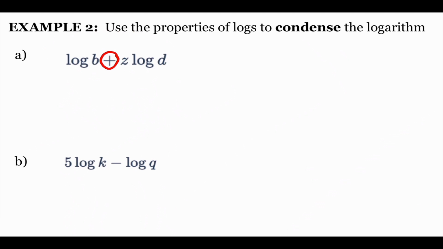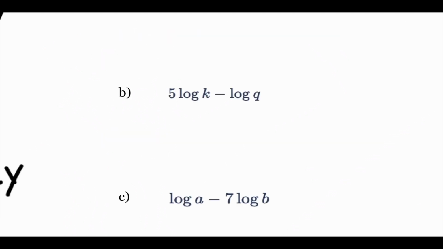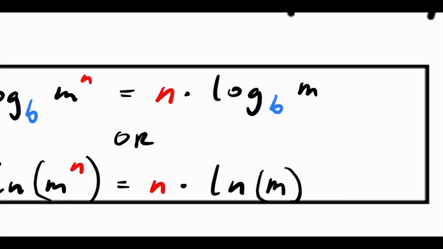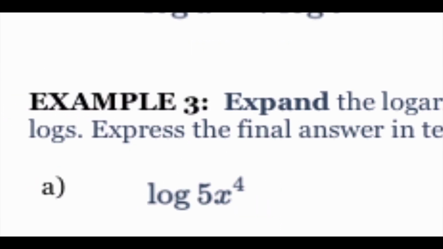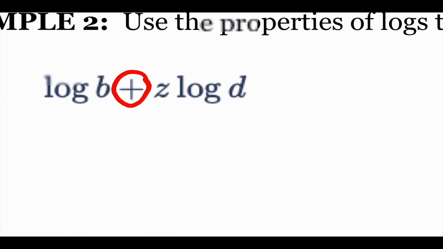Are there any powers? How do we know if there are powers? If it's expanded, we look for things in front of the log. Is there anything in front of the log? There is, right? Letter Z. Z's in front. So what we're going to do with Z is move it up here.